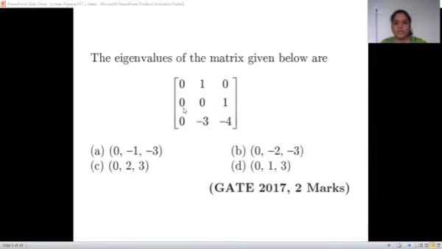Okay, I'm waiting for your answer. Take your time, solve and tell me the answer. Whoever finishes first can unmute yourself and tell me the answer. A. Is Prajakta A again? Okay, we'll check.